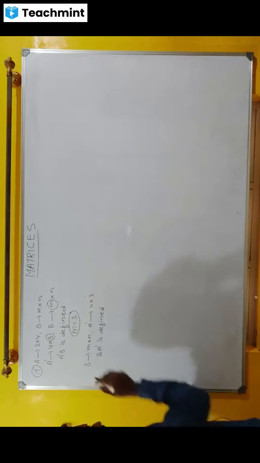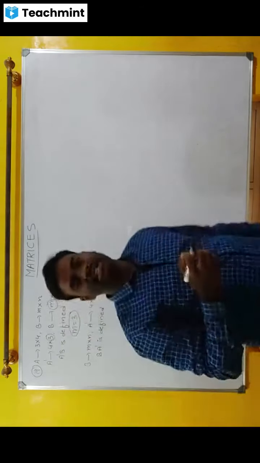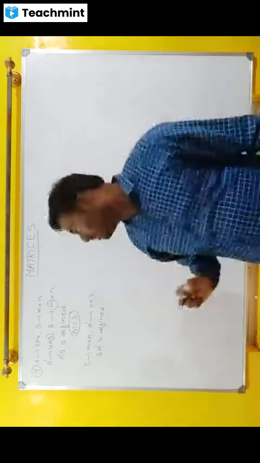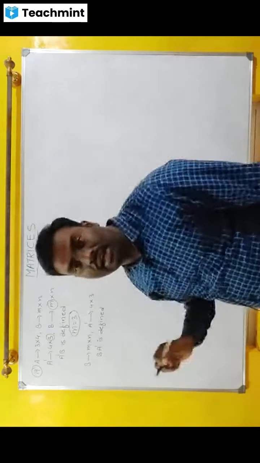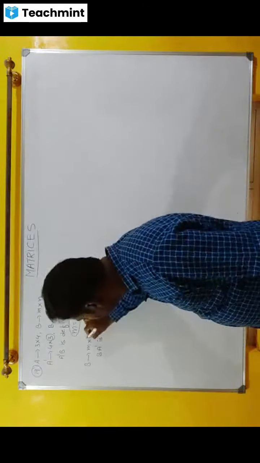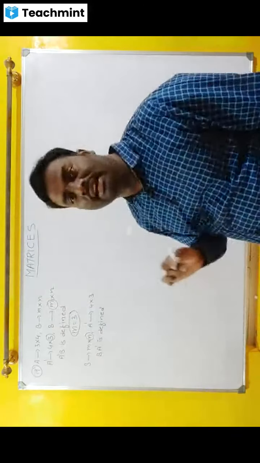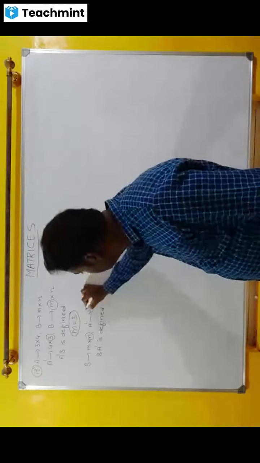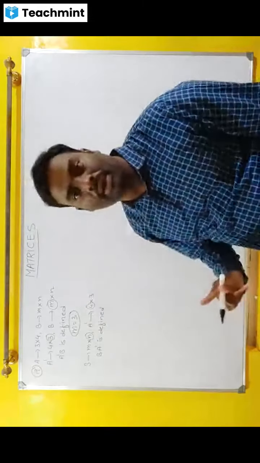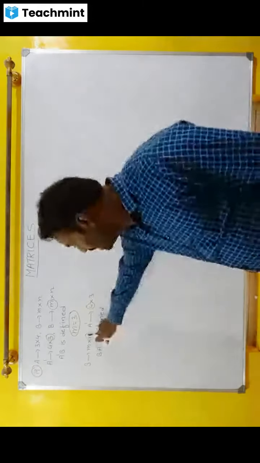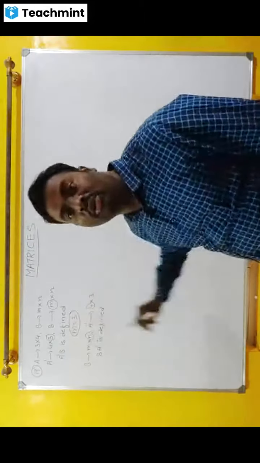Same concept: the number of columns in the first matrix and the number of rows in the second matrix, both are equal. That is nothing but n value is equal to 4.